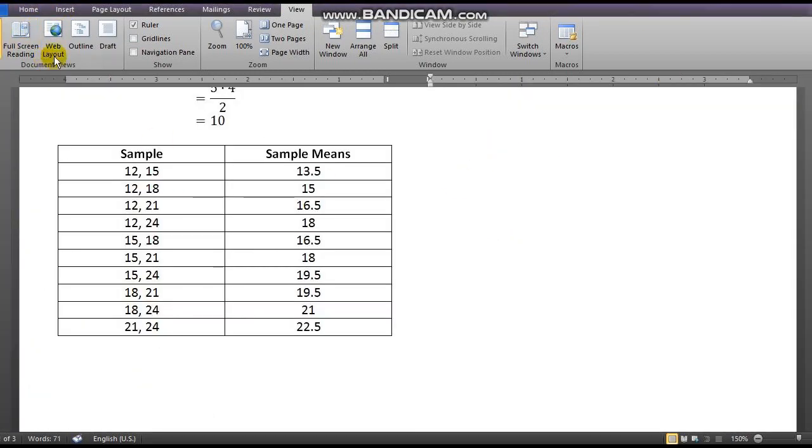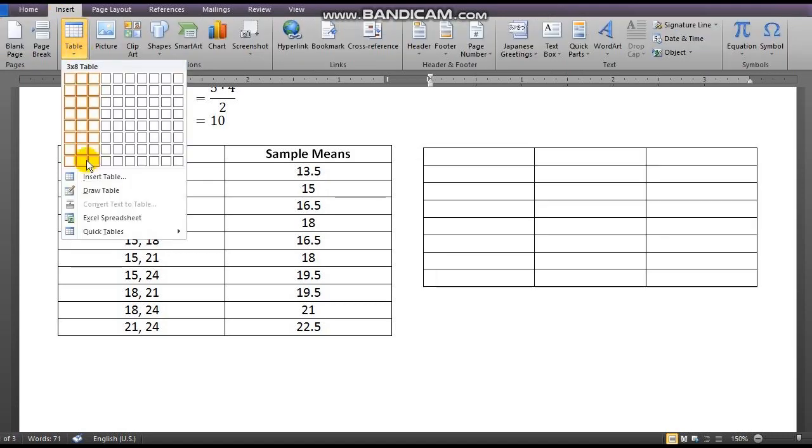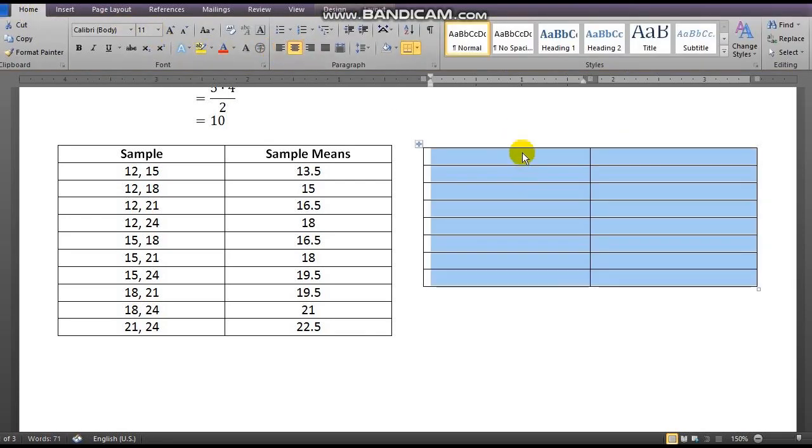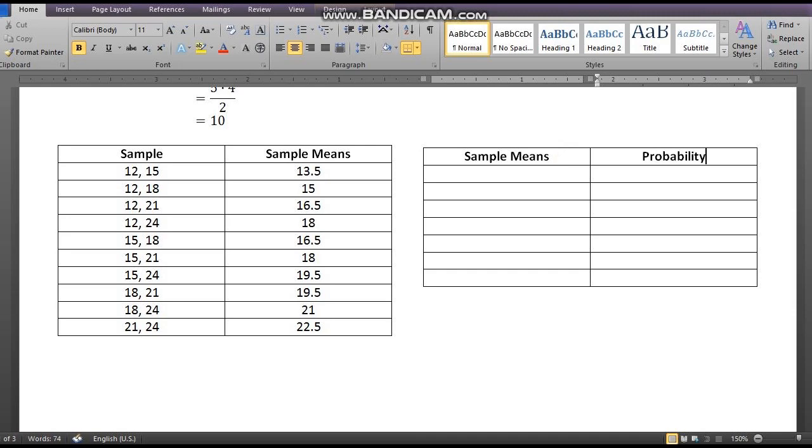Right here, let's insert a table here. So we have here, let's center this one, first the sample means, and next is the probability.